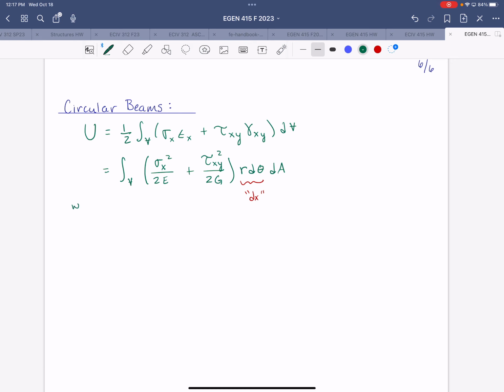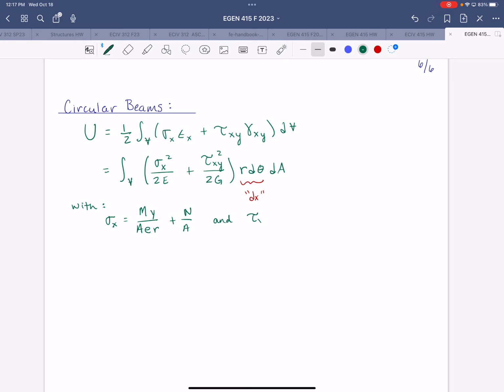And so now we're going to make our stress substitution. So normal stress in x is m times y over a lowercase e lowercase r plus n over a.